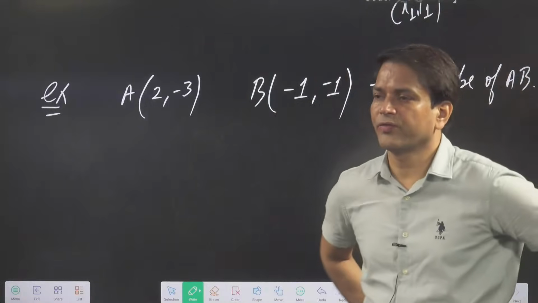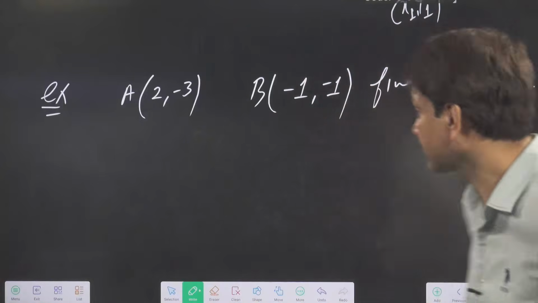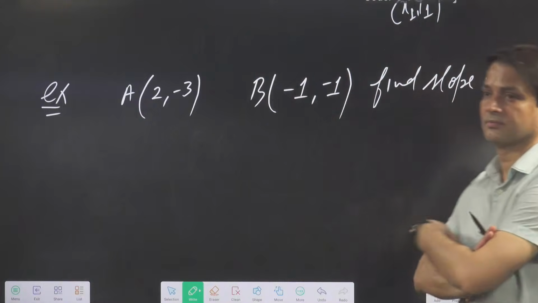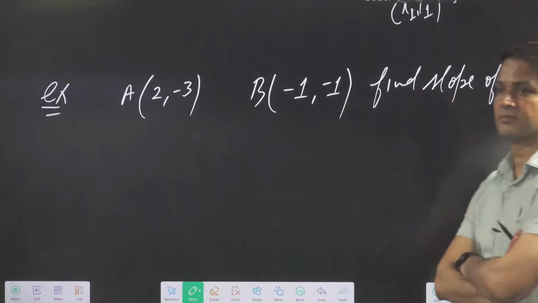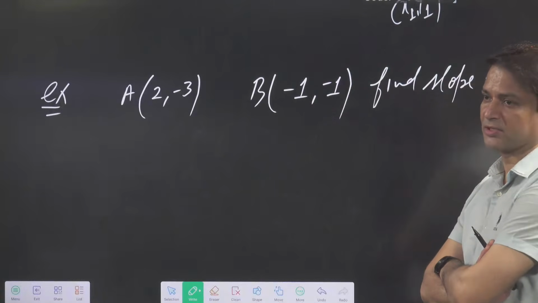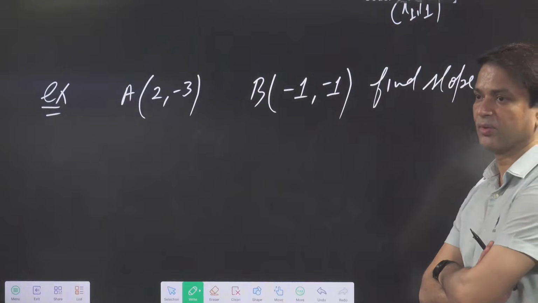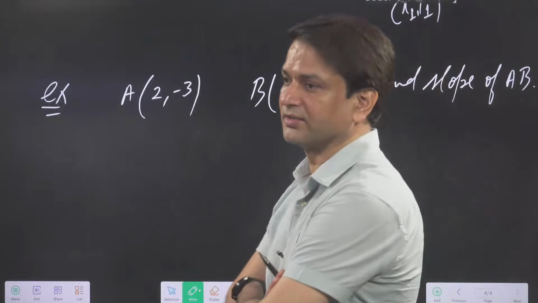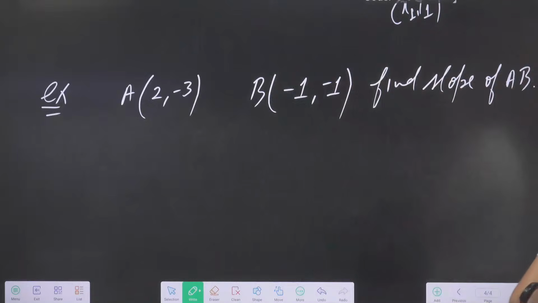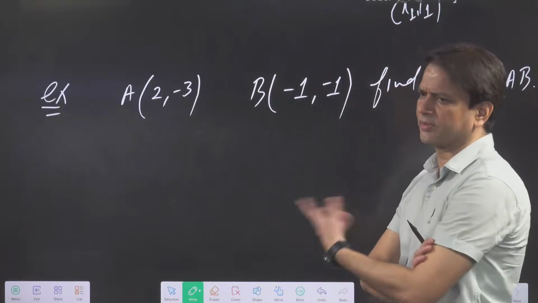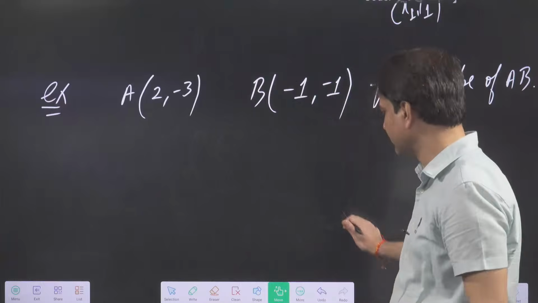Find the slope of AB. Somebody gave the answer minus 2 by 3. Most of you are getting the answer minus 2 by 3.